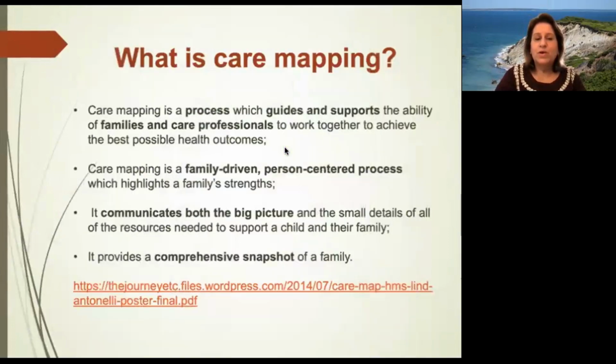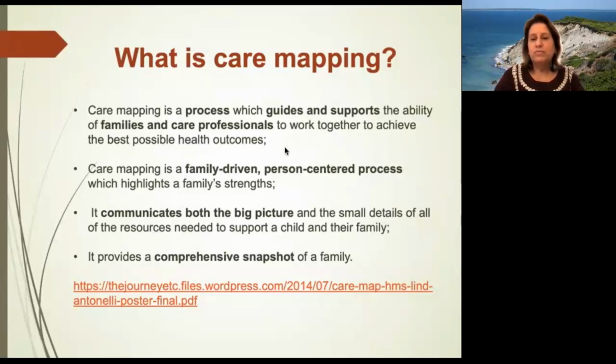What is care mapping? Care mapping is actually a process which guides and supports the ability of families and care professionals to work together to achieve the best health outcomes. We've learned through this process that it's much more than health outcomes. It's really looking at a whole child.